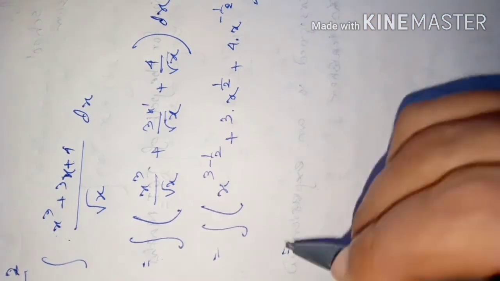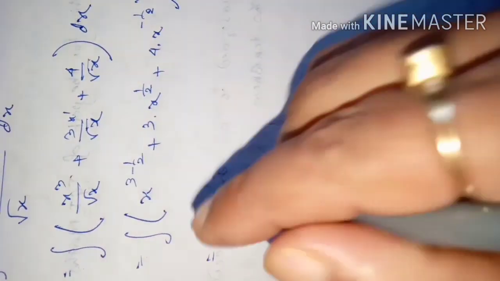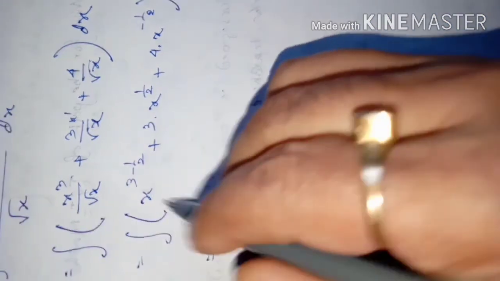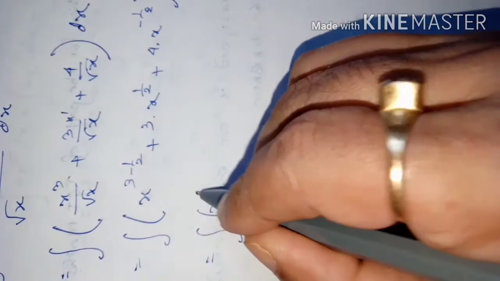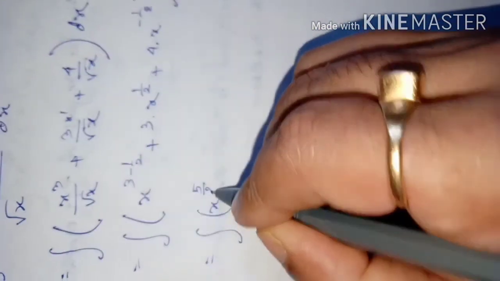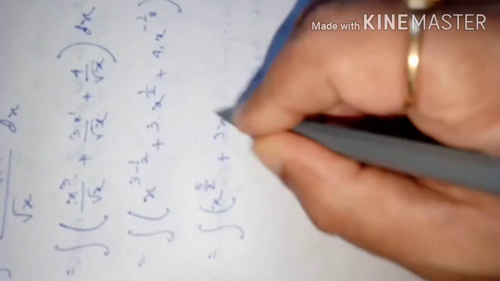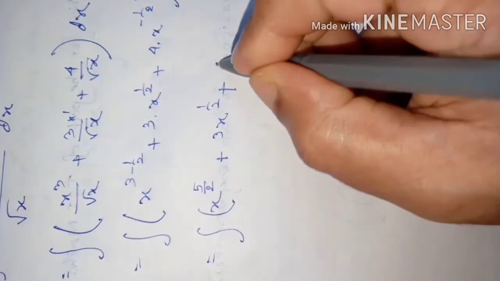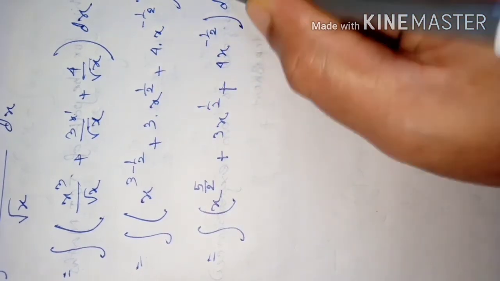Now integrating with respect to x, you can write integration of x to the power of 3 minus half, which is 6 minus 1 by 2, that is 5 by 2, plus 3 into x to the power of 1 by 2, plus 4 into x to the power of minus 1 by 2 dx.